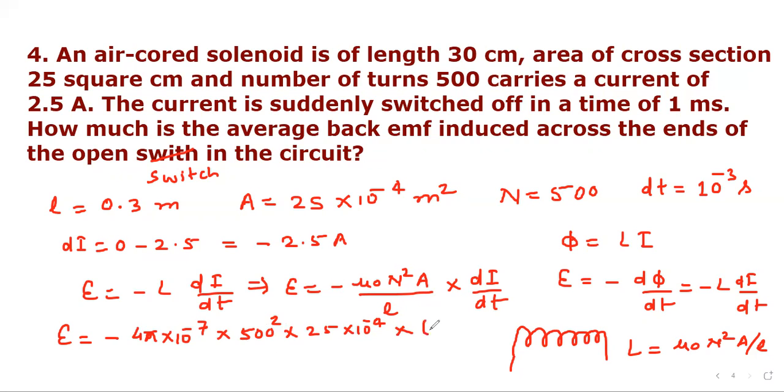Di is given as minus 2.5, dt is given as 10 power minus 3, divided by L, and the length of solenoid is 0.5. Now we can simplify.